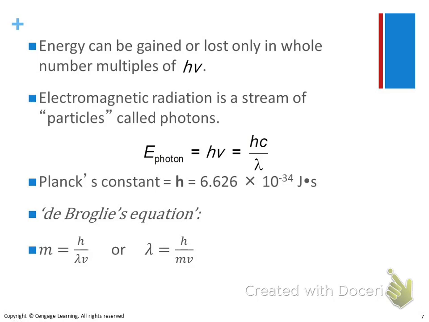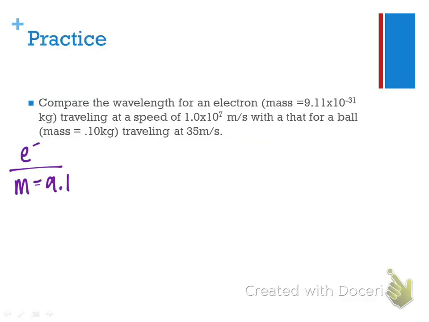I would put that constant on your equation sheet. That's called Planck's constant. Times 10 to the negative 31st. Wavelength is what we're solving for.